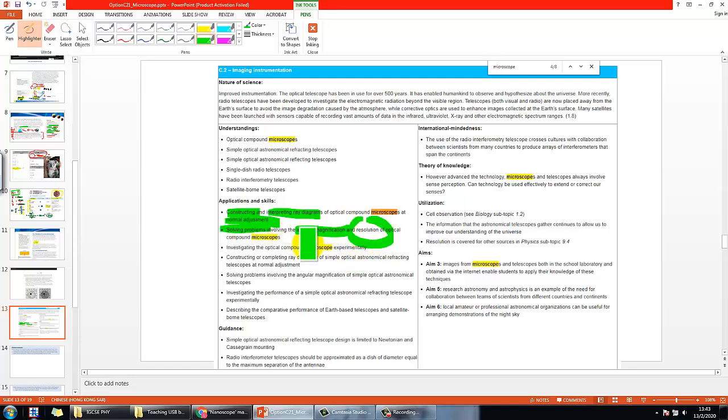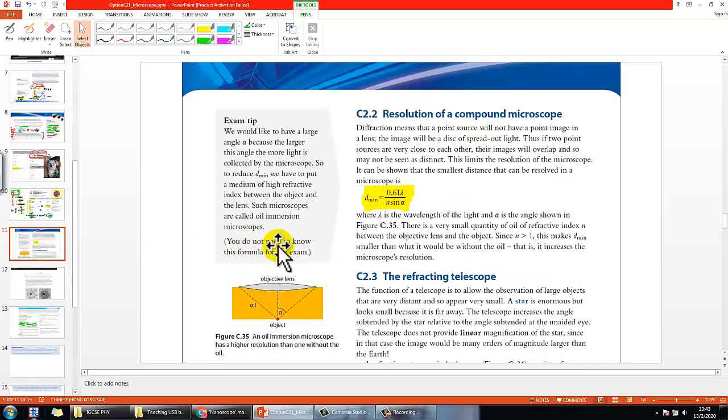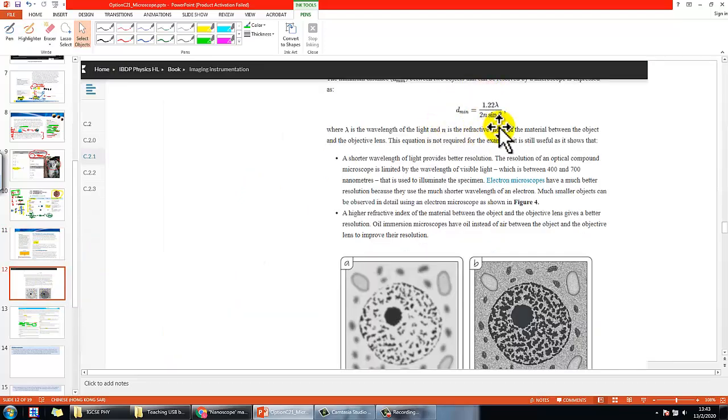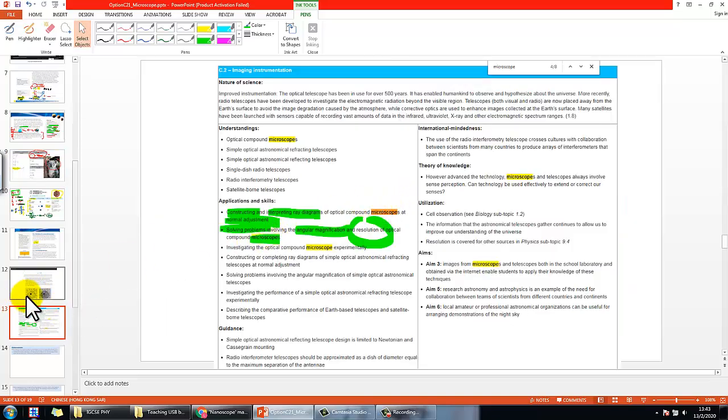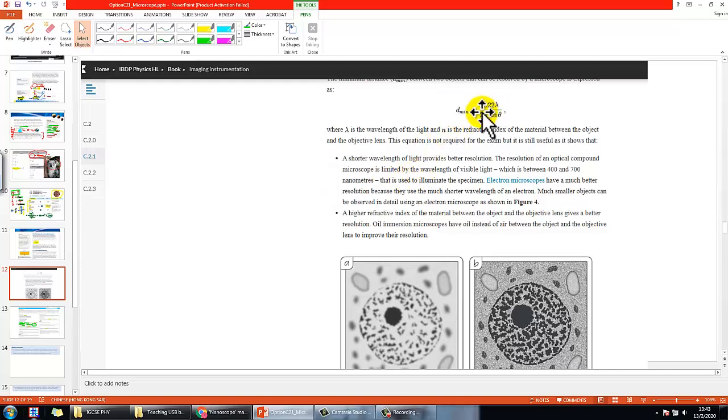Here it says you need to solve problems regarding the resolution of the microscope as well. So I don't really think it is true that you don't need to know the formula. I think it's safer, once again, to put this formula in your data booklet, in case you are asked about this. But in terms of using it, I think it's quite straightforward.